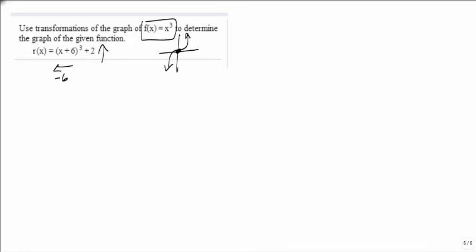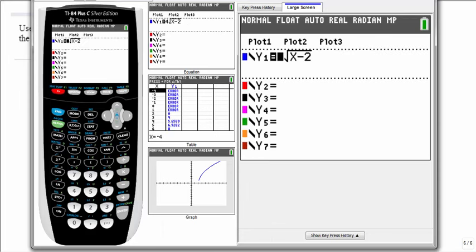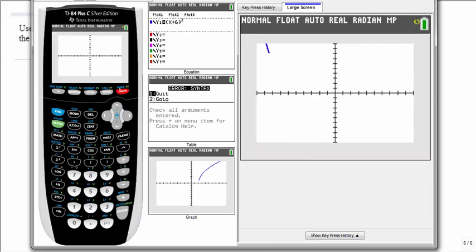Now let's go ahead and graph this one with our calculators to see what we get. So we go y equal, and over here in parentheses, let's clear this out, we have x plus 6 quantity squared, and then we have plus 2. Okay, graph. Now sometimes we'll have to adjust these around.